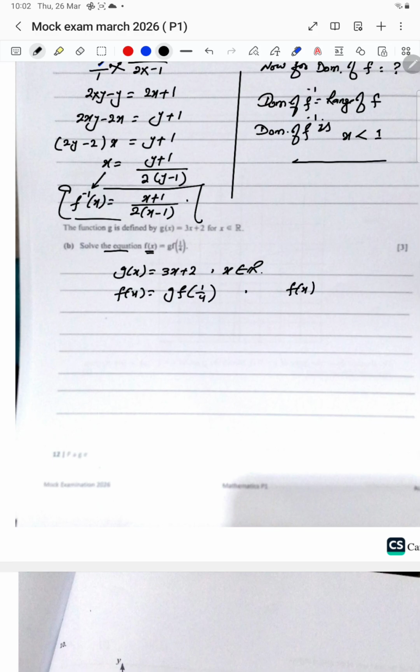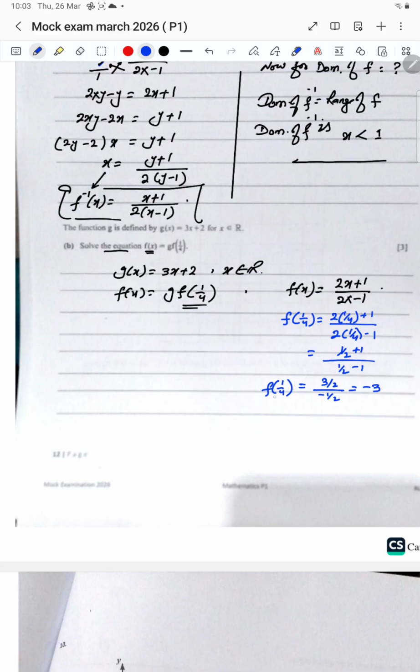Here f of x is 2x plus 1 over 2x minus 1, so find f of 1 by 4 first: 2 times 1 by 4 plus 1 over 2 times 1 by 4 minus 1, simplifying to 3 by 2 over minus 1 by 2, which is minus 3. So f of 1 by 4 is minus 3.